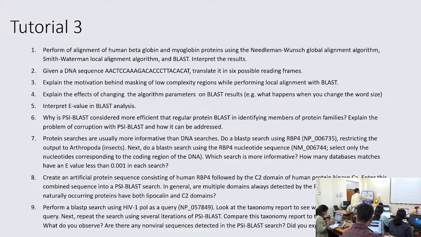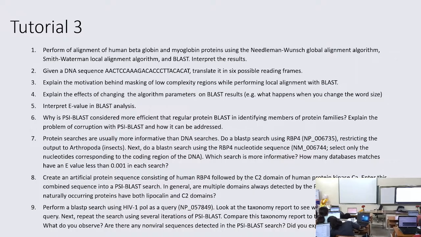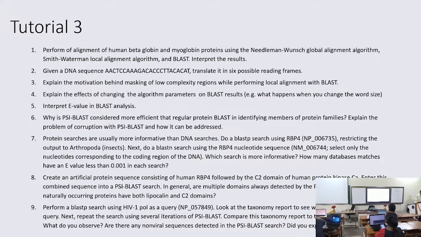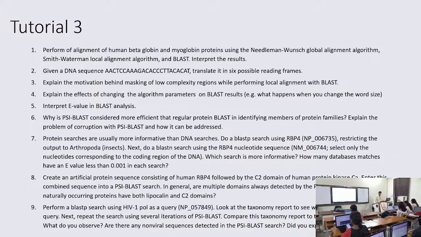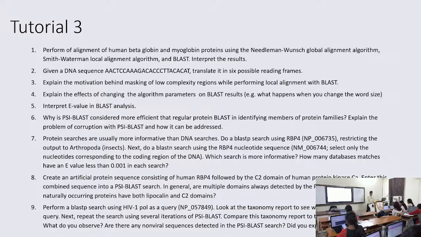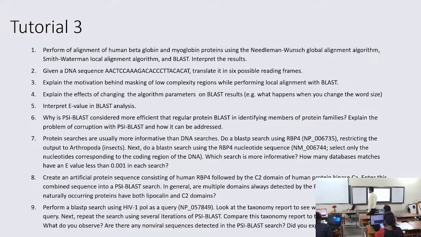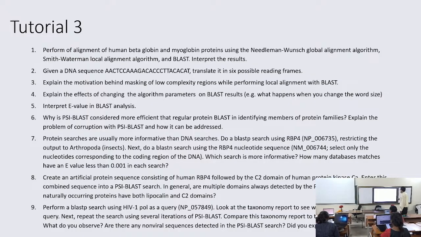and then the accession number is given. Okay, so the accession number, you can see here, or I think you have the print of all this.